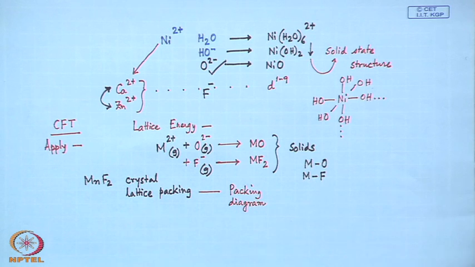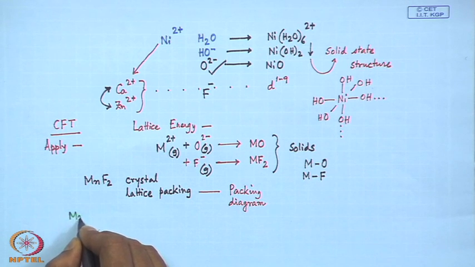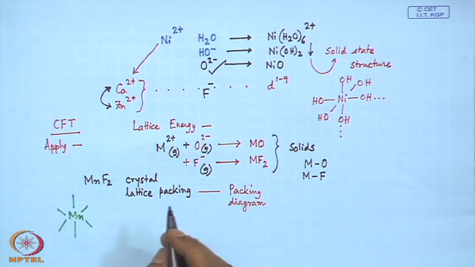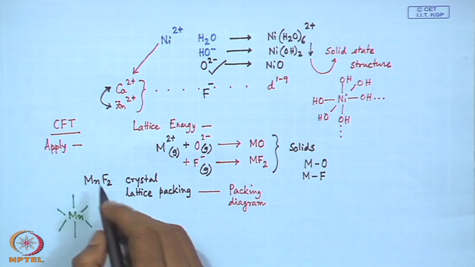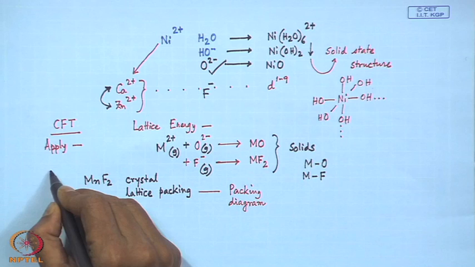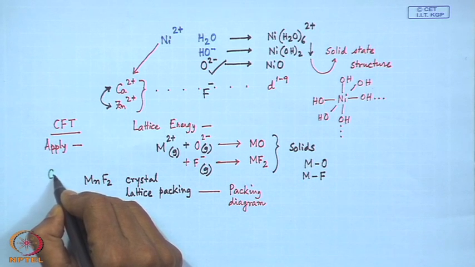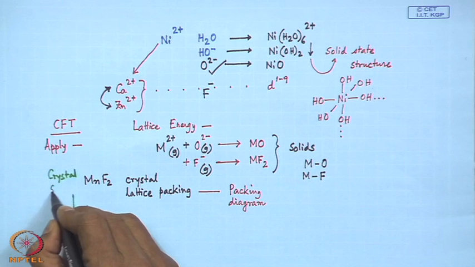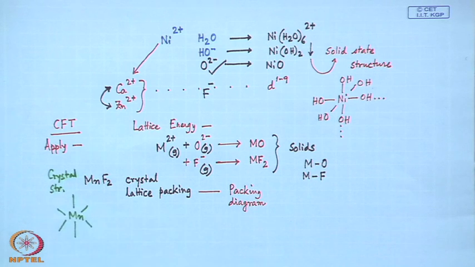So, these packing diagrams usually give us the situation where manganese is nicely packed, which is a typical example of the corresponding crystal field when we are seeing the corresponding crystal structure.